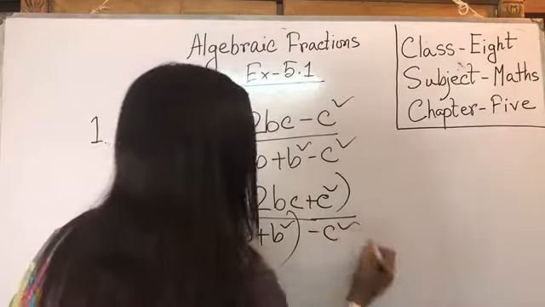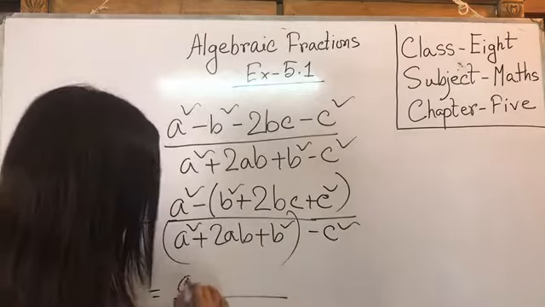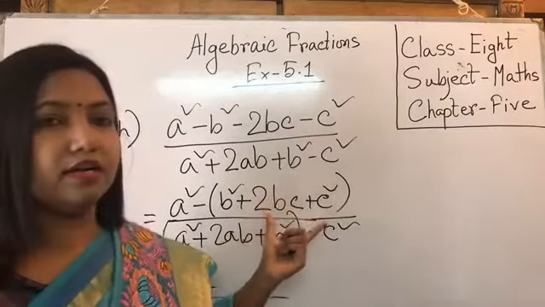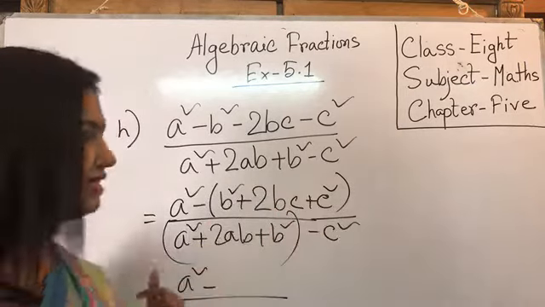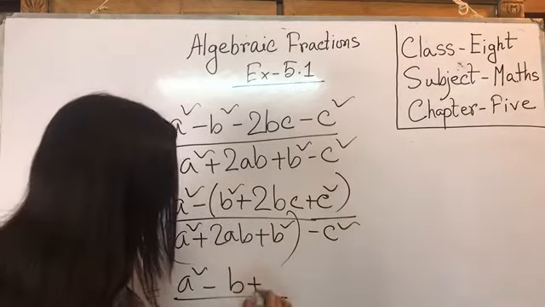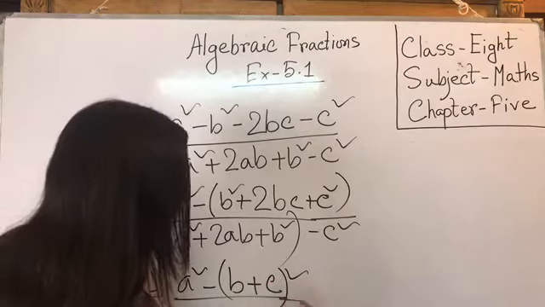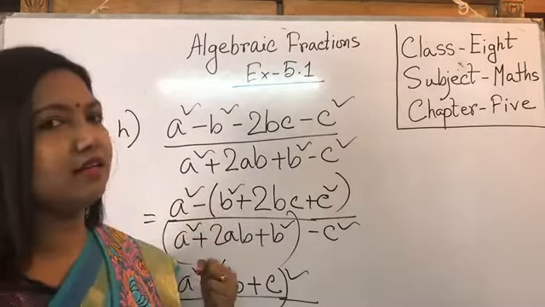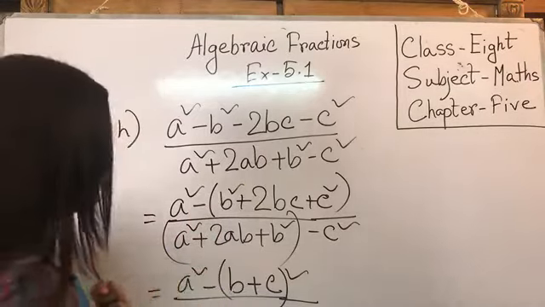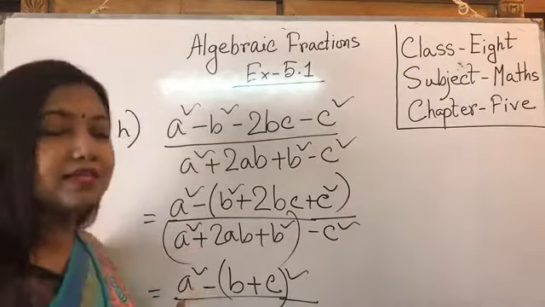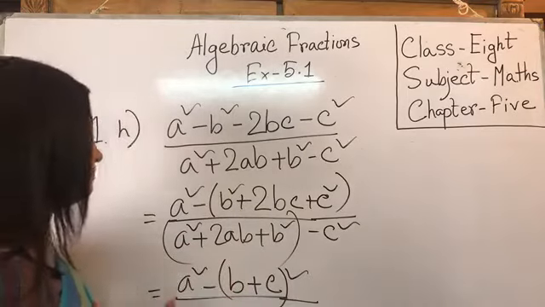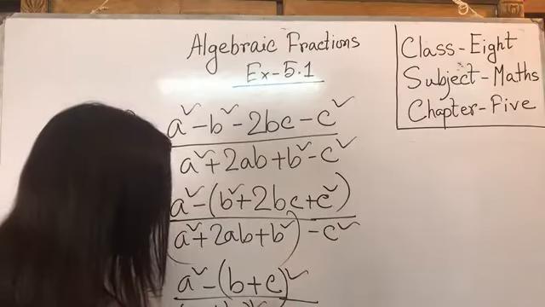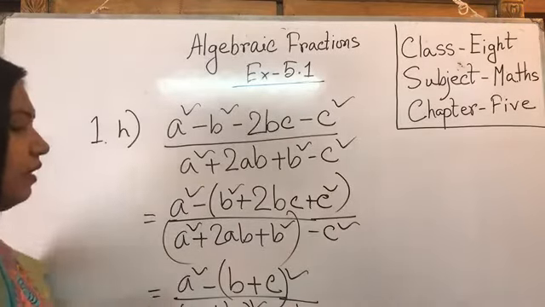This is the formula also. And now we can write a square minus b square plus twice bc plus c square. There is a formula, right? Where is the formula? b plus c whole square. For taking the formula, we took the minus sign in common. Okay. So now a square plus twice ab plus b square is also a formula here, a plus b whole square minus c square.